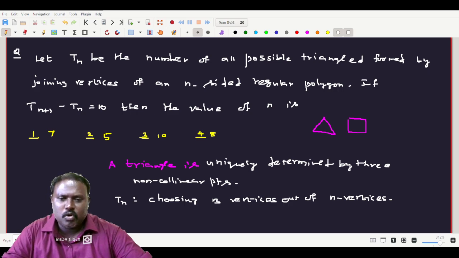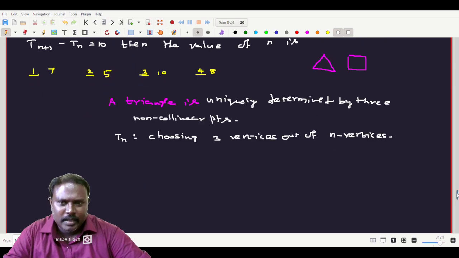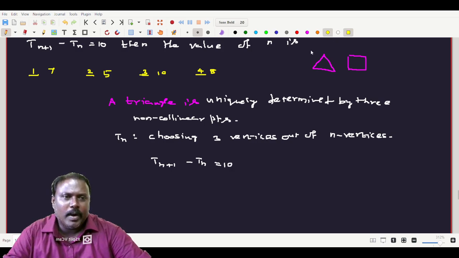So Tn means choosing three vertices out of n vertices. This event and forming a triangle are the same. So here, one equation is given: Tn plus 1 minus Tn equals 10. This is given. What is Tn plus 1 according to the question?